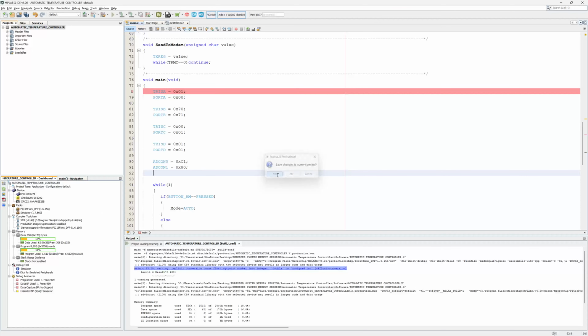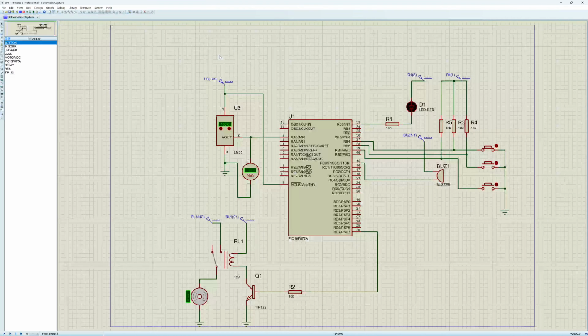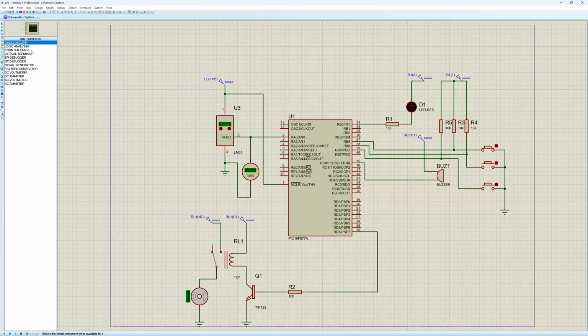Let's just close this circuit and open it. Okay.